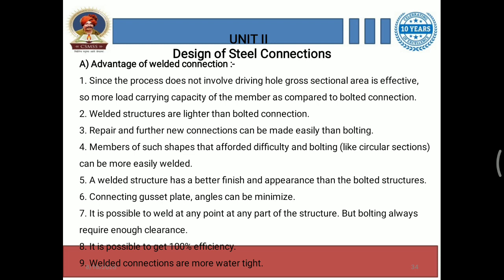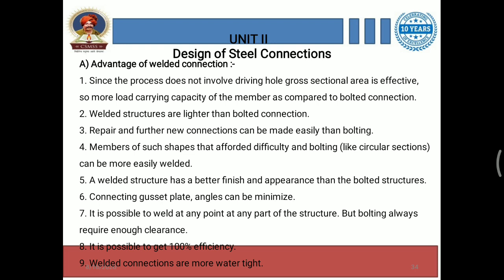Then a welded structure has a better finish and appearance than bolted structures, because welded structures provide smooth joints, and that's why their appearance is good as compared to bolted structures. Then connecting gusset plate angles can be minimized. The connection of additional members like gusset plate angles can be minimized in welded connections.